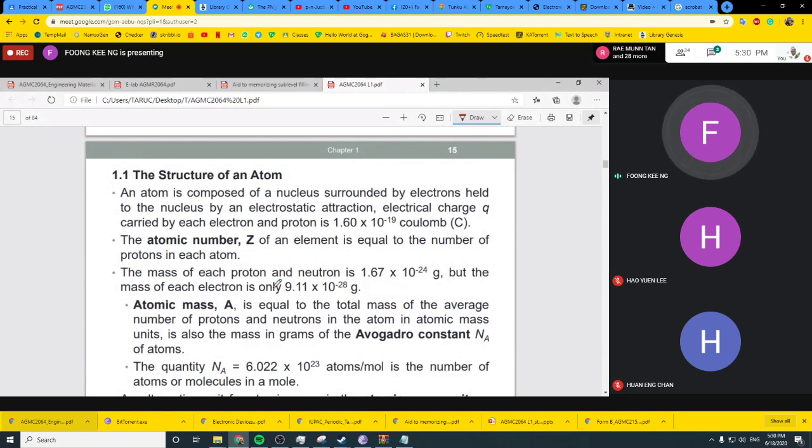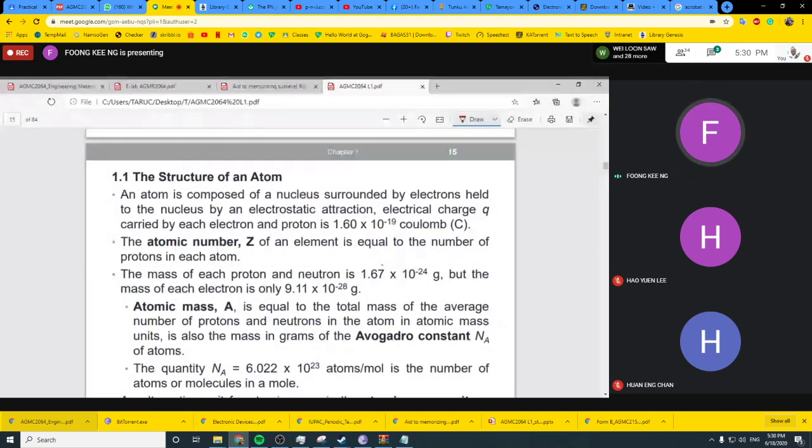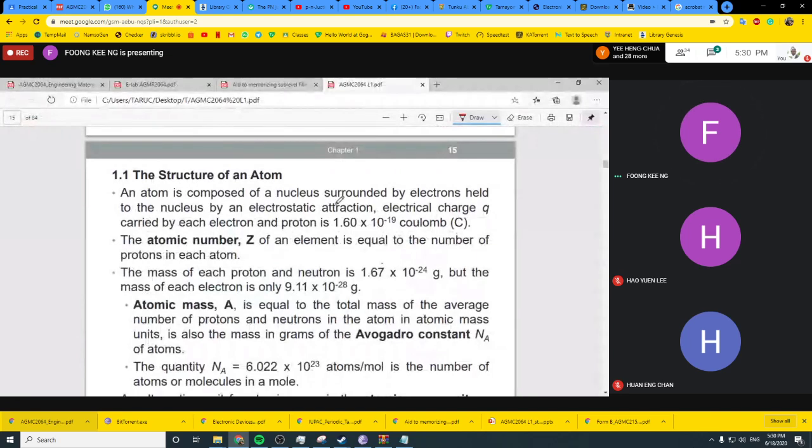Basically, in your Form 5, your teacher will tell you that in order to classify a certain element, let's say, for example, if I have X as a symbol for an element, what you need to write is that you need to know there is an A and there's a Z. The A represents atomic mass or mass number.